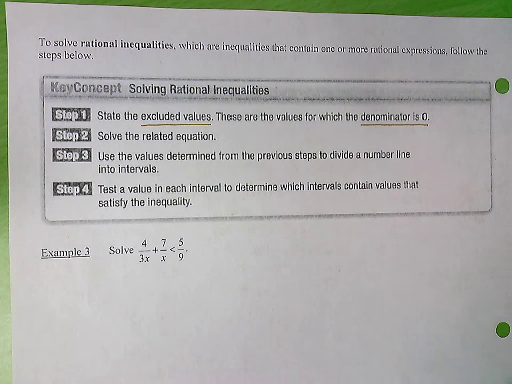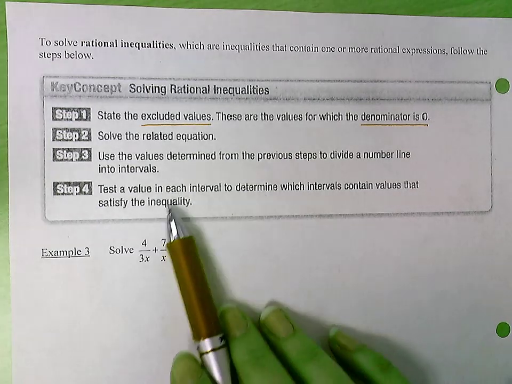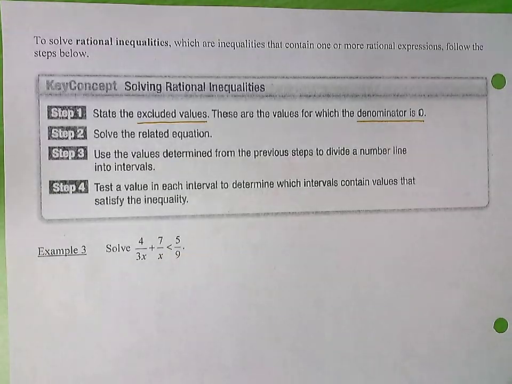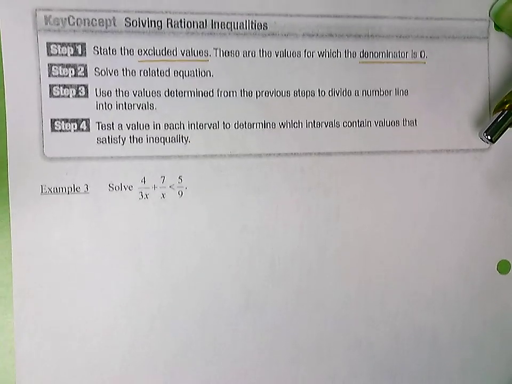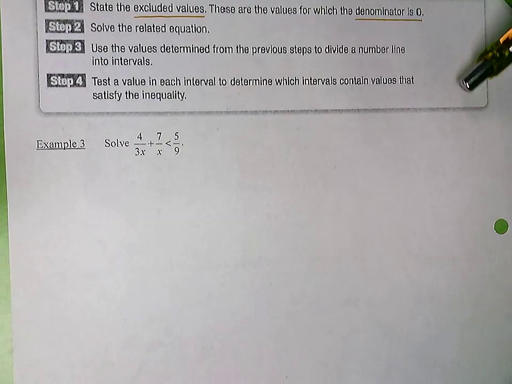Step 4 is to test a value in each interval to determine which intervals contain values that satisfy the inequality. So you need to pick numbers to the left of what you find and to the right and in between. So, looking at our example, we're going to go step by step here.